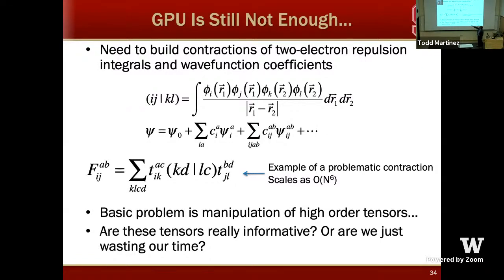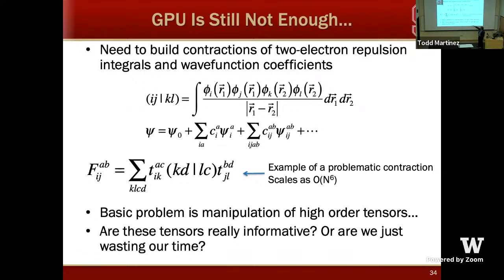which is just Coulomb. The wave function itself, I can think of that as a tensor, or as some object which has 4 indices, right? The wave function itself is going to be written as some expansion over determinants, over products of orbitals, and they're going to have numbers in front of them. Those numbers, these wave function coefficients, are also going to be tensors of some kind. They're going to be objects with multiple indices.